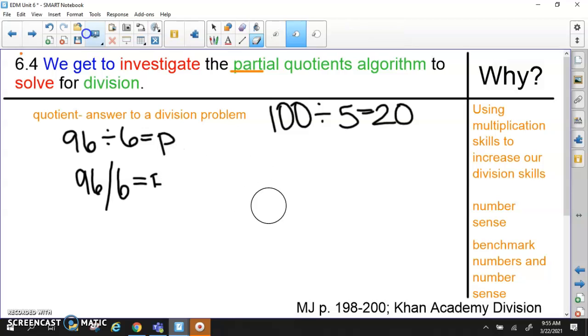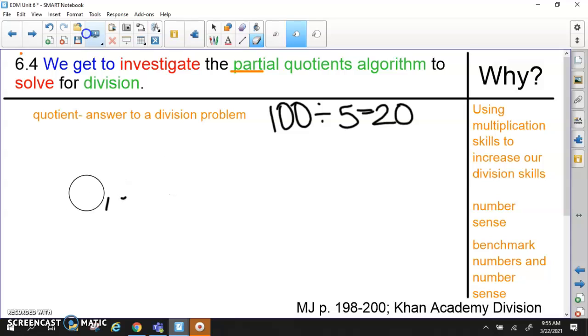So let's talk about partial quotients in this case. You're going to take notes, so you're going to write this down as we do this, okay? So that you have this.